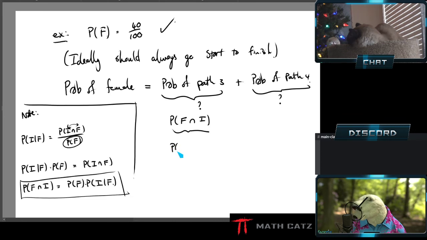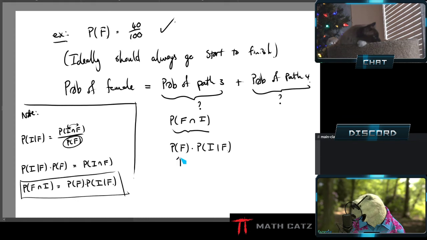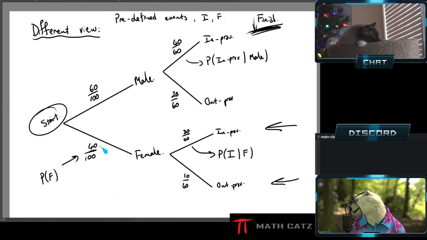This is going to be much clearer once I go to the tree, just give me a second. Writing this alternative version of the formula for conditional probability, it says I can find this intersection, which is the probability of path 3, by multiplying these two. But these two are the ones on the tree. The probability of F, right there.